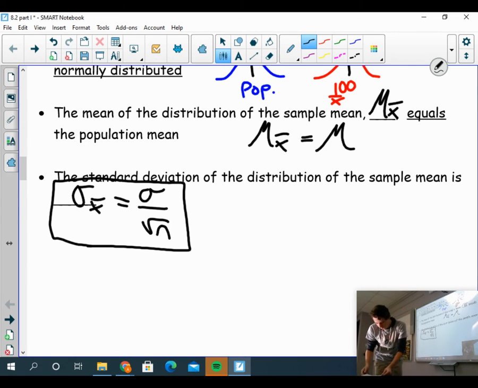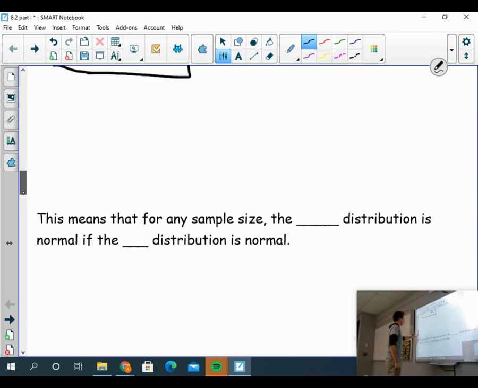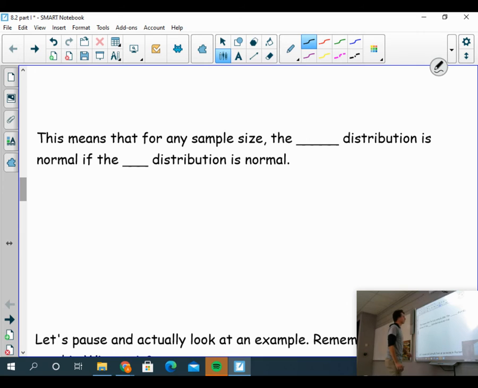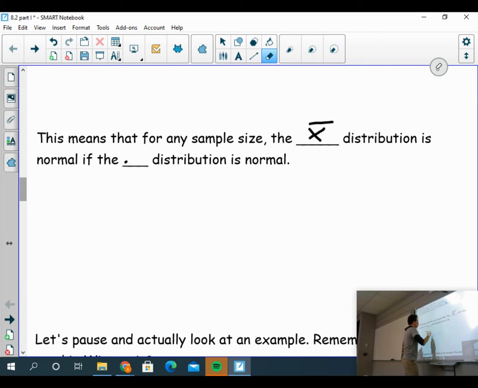Okay, so what's that mean going forward? This means that for any sample size, the X bar distribution, the distribution of the sample means, is normal if the X distribution, the population, is normal.